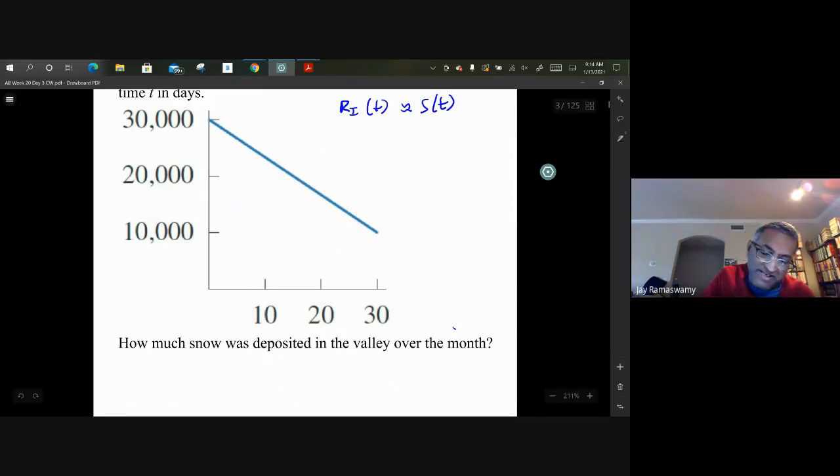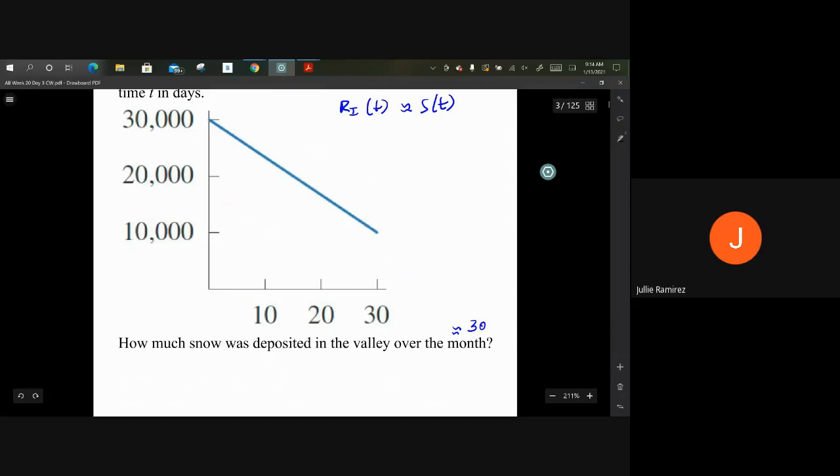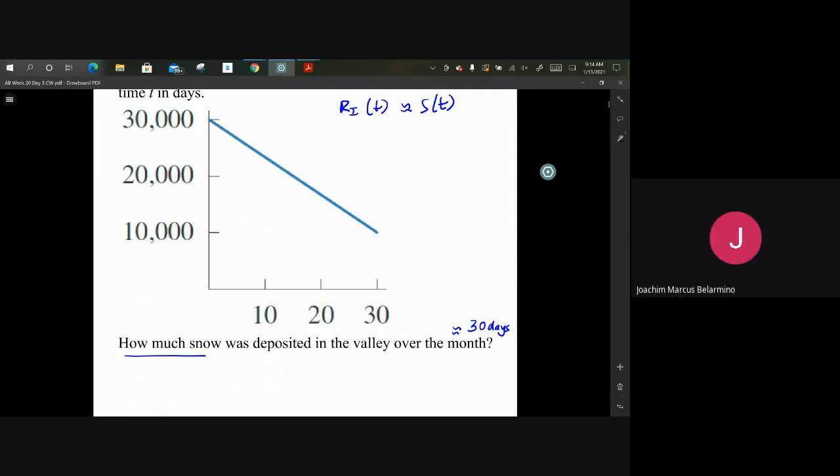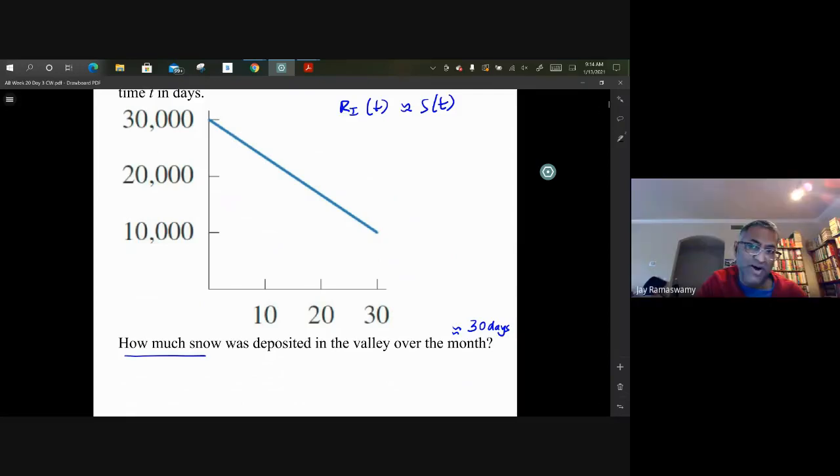A month is how many days? 30, 31. Does the number make sense from the graph? Okay, so it says how much snow. So what do they want? Do they want amount in? Does that make intuitive sense? How much snow was deposited in the valley? So we want amount in, correct?